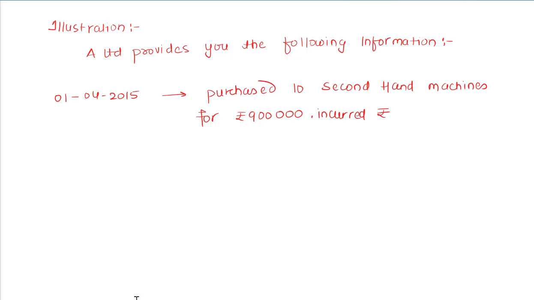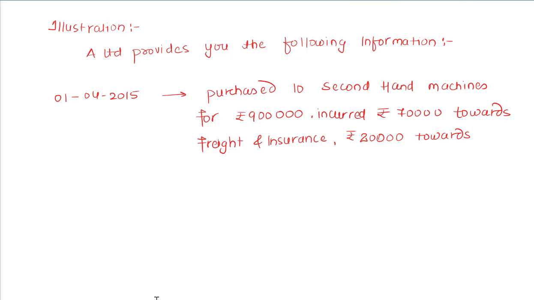Incurred rupees 70,000 towards freight and insurance, rupees 20,000 towards carriage inward.